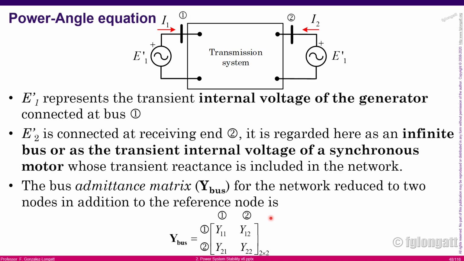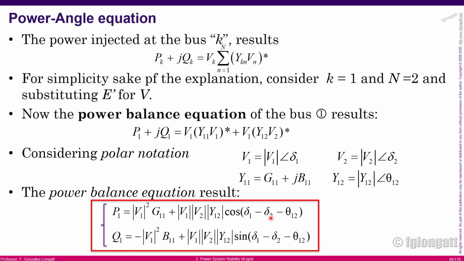The 2 by 2 matrix can be used to define one beautiful equation that you must know from power system analysis, that the voltage at any bus bar can be defined by this equation that receives the name power balance equation.